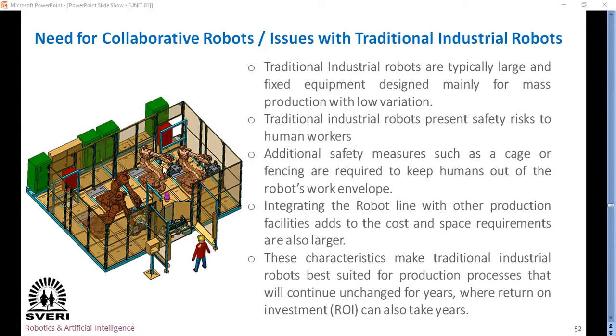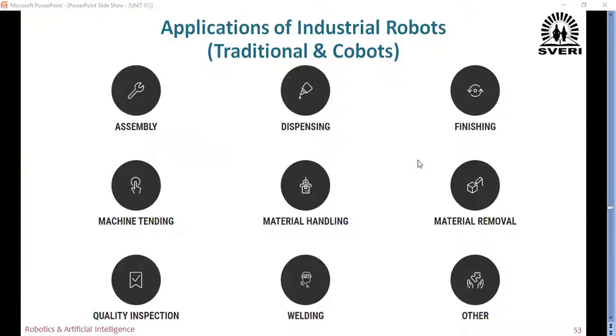Therefore, traditional industrial robots are suitable for such production processes only. Therefore, this is the need for collaborative robots, or the limitations, issues, or disadvantages of traditional robots.